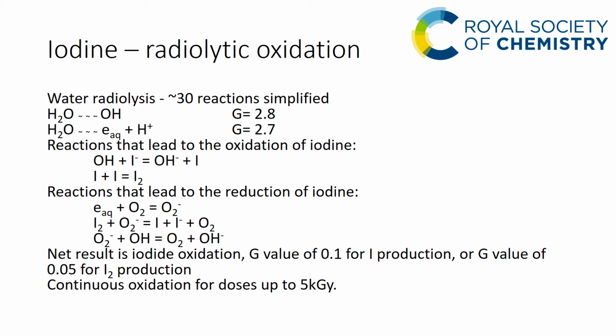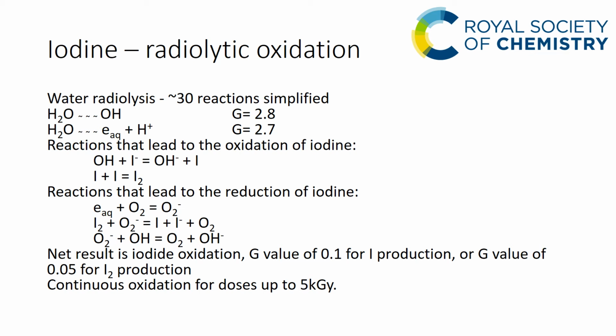The sort of reactions that lead to the oxidation of iodine, for example, the OH radical oxidizing I- to iodine atoms which can recombine to I2, and also conversely, reactions that lead to reduction of iodine are via O2-, and that can react with I2 to form I-, and indeed it reacts with the OH radical, O2- and OH, to form oxygen and hydroxide ions.